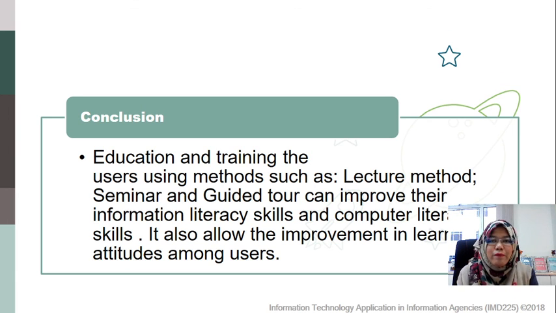What kind of platform is used depends on the library itself. In this world there are too many platforms, too many software, too many ways for us to deliver the information to the user.